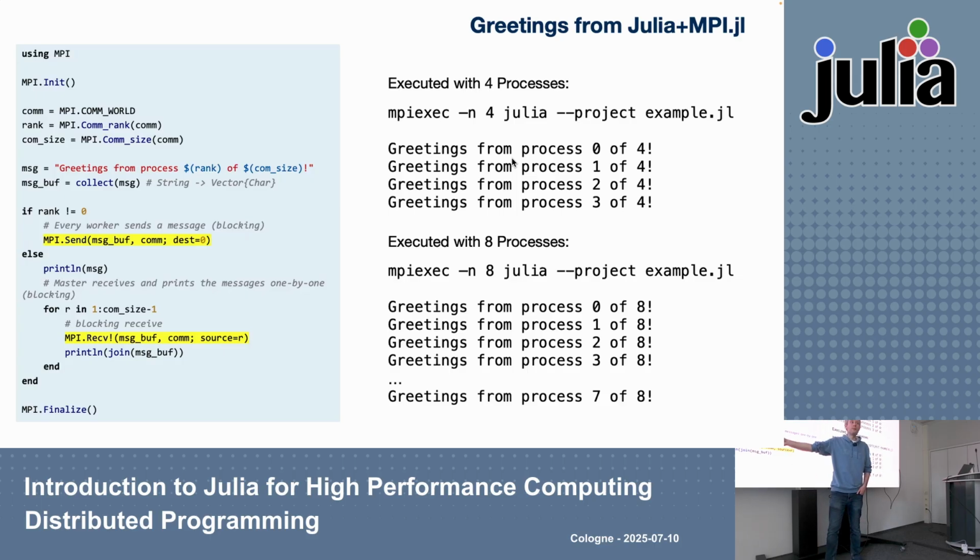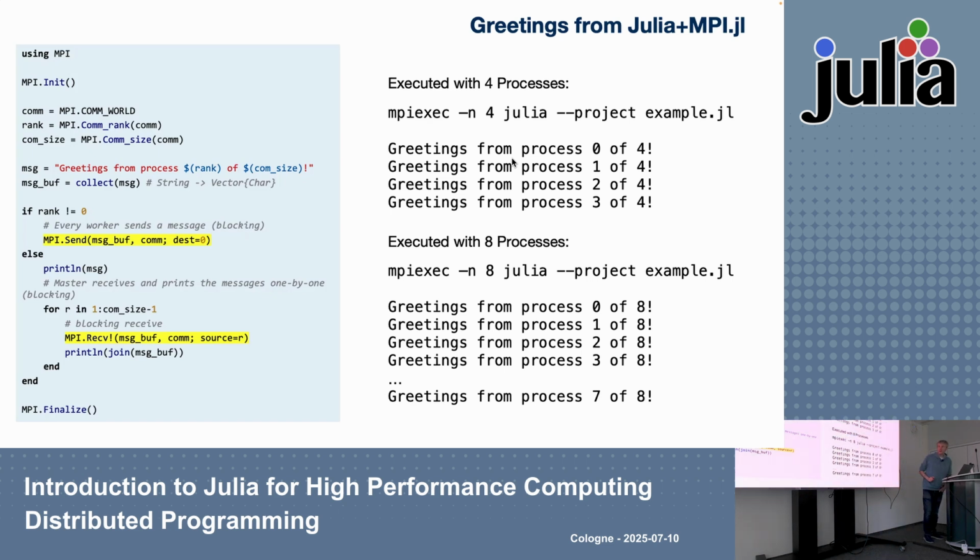Then it expects to receive a message from this rank. So it has just some buffer where I write the message that I receive into. And then I say I expect a message from a certain rank, and then I will print this message that I got.